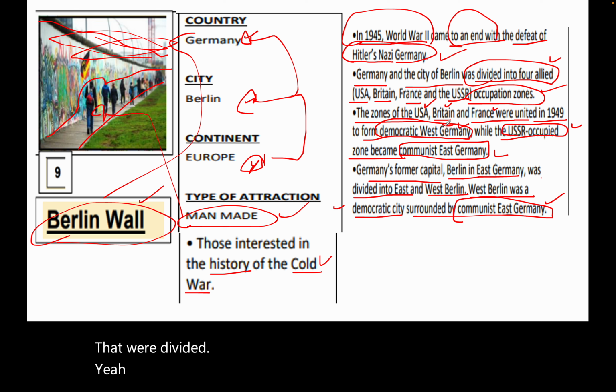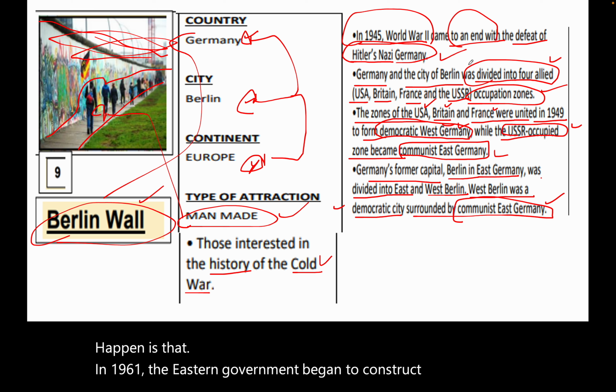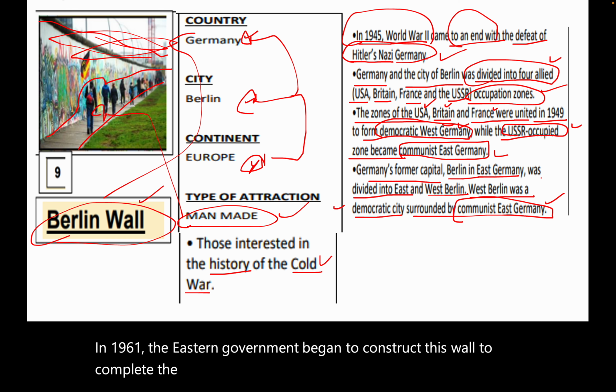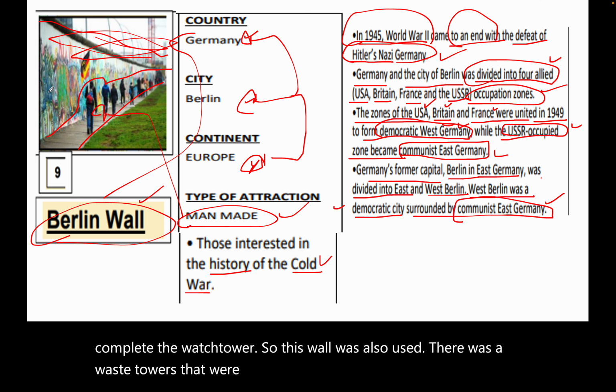What also happened is that in 1961, the Eastern government began to construct this wall with watchtowers. The watchtowers were used to check people.